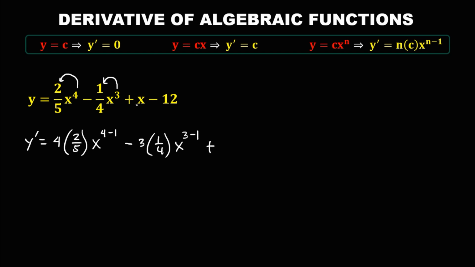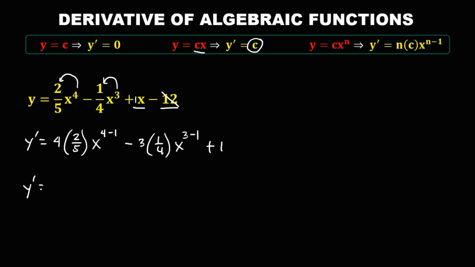Then plus, for a constant and a variable, that's a constant, since this x has 1 coefficient, so this is plus 1. And for the derivative of a constant, this one is 0.